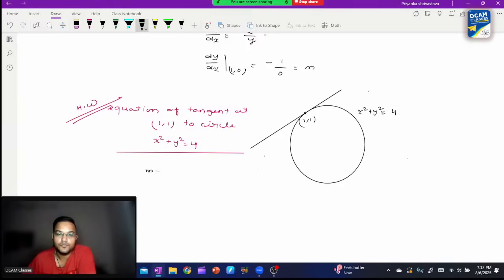So the slope will be m is equal to dy by dx, which will be 2x plus 2y dy by dx is equal to 0. So your dy by dx is equal to minus x by y.